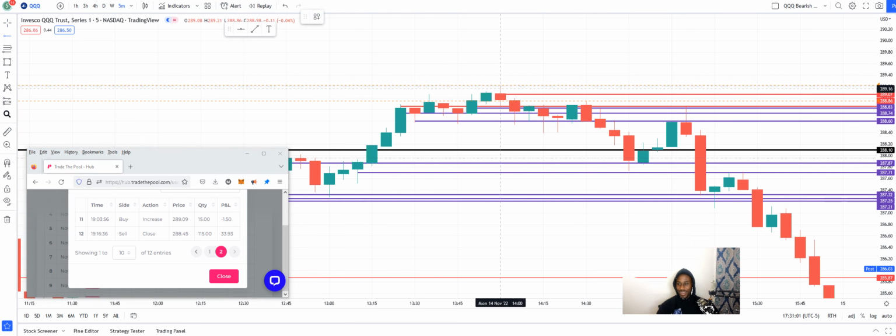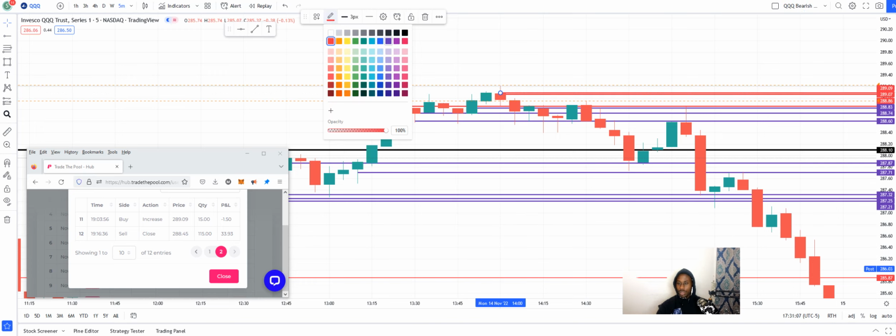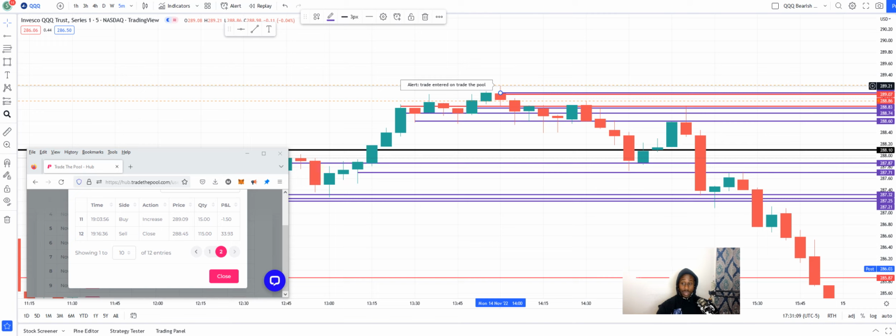Look at that. So if you look at it, I could have sold the top and made a lot more money if I was just seeing what's going on. But practice makes perfect, and we'll see how my skills gain over time, just looking at the chart, being one with the chart, just understanding the chart.